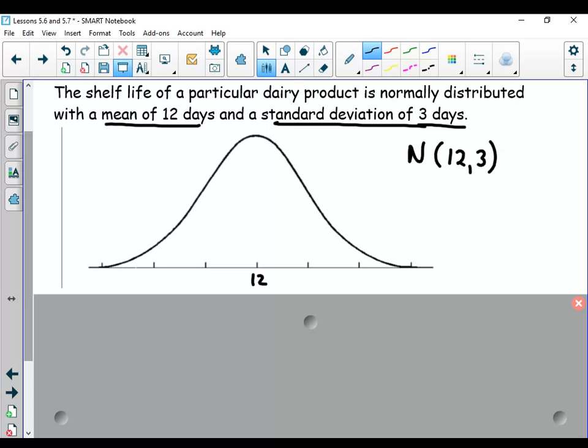So if this is 12, this would be 15, 18, 21 on that side. And then I go by 3 still, 9, 6, and 3. So if I ask you to sketch and label a normal curve, I'd be done now. That would be what I'd be looking for.